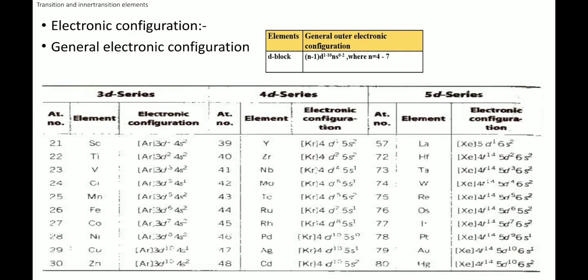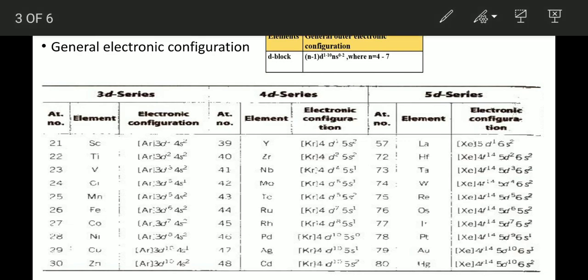See, these are the series of the d block elements: 3d series, scandium to zinc; 4d series, yttrium to cadmium; and 5d series, lanthanum to mercury.